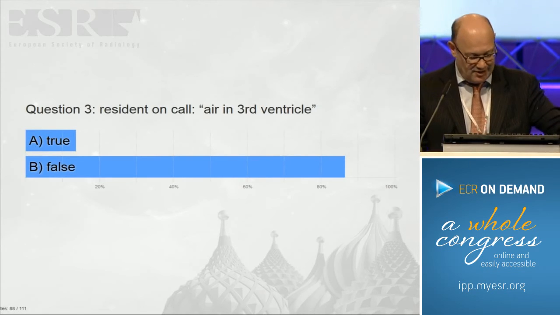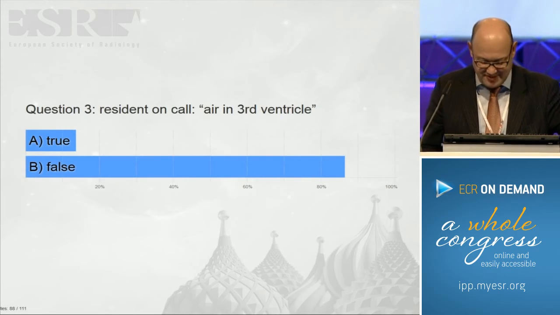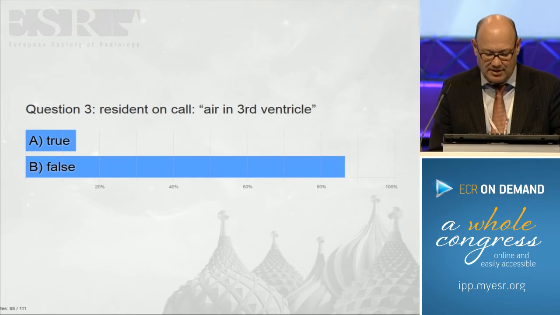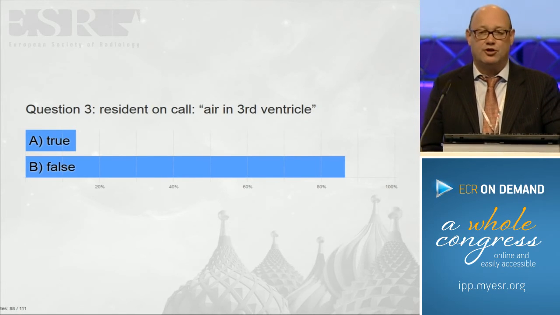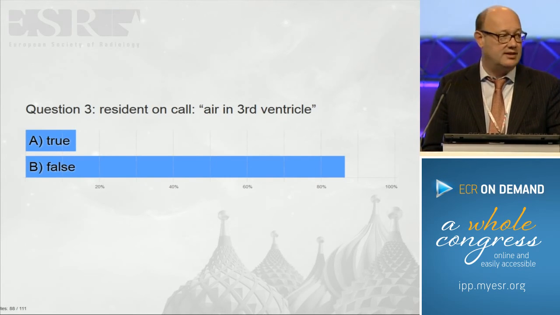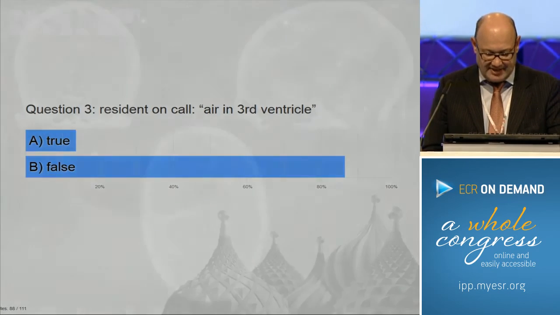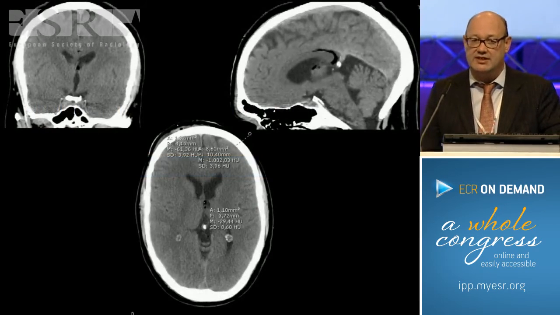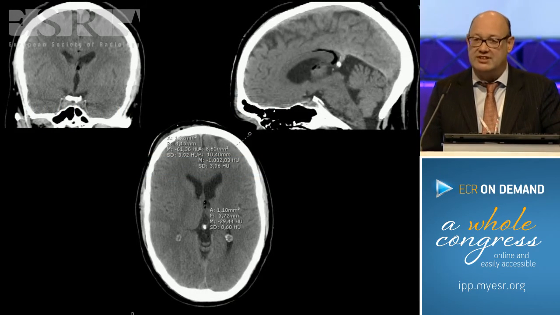Okay, good. I think most of you did not fall into the trap in this question. And actually, of course, this was not air in the third ventricle. There are two ways to solve this problem. Either you put a ROI in the density abnormality, and then you would see that the measured density is not the density of air, but the density of fat.